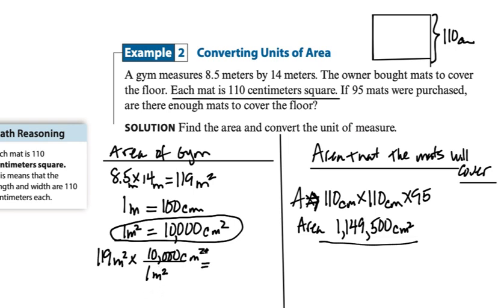Now I'm going to multiply that through, crash, crash. My answer is going to end up in centimeters squared, which is what I want because that's what's happening over here. And of course, I end up with 1,190,000 centimeters squared. Because of that, if we compare these two numbers, indeed we don't quite have enough, since this side is greater, we don't have enough of the mats to cover the space.